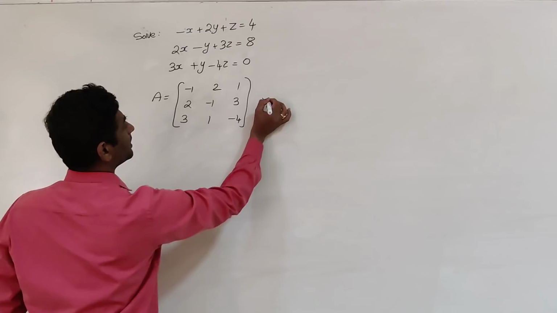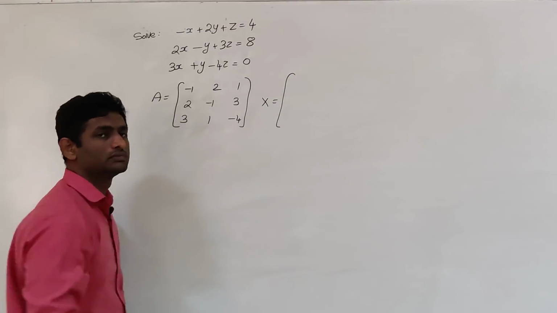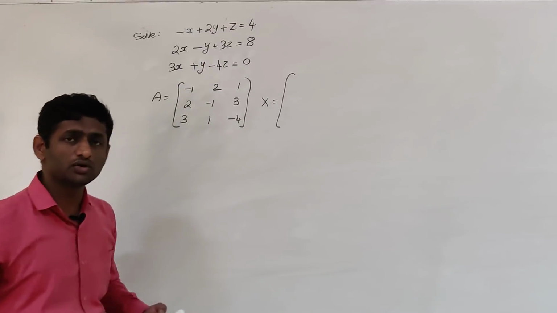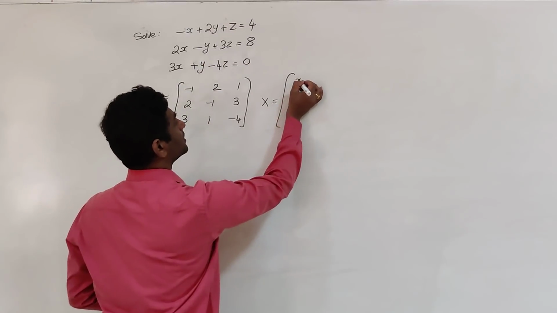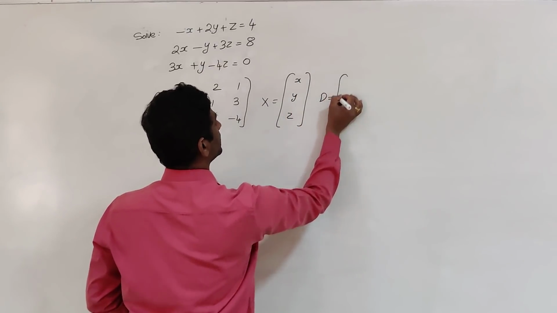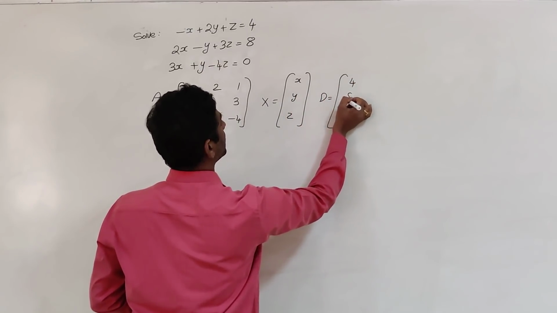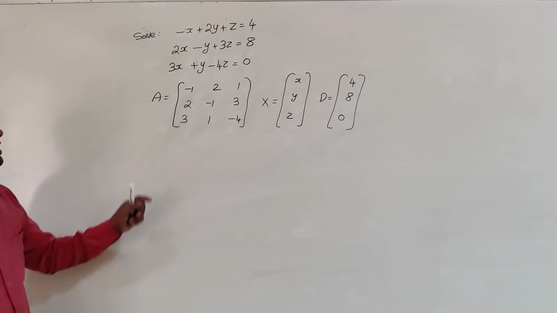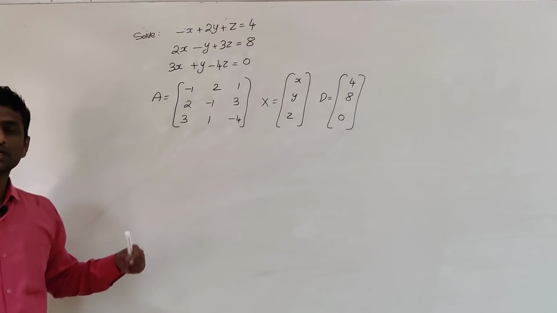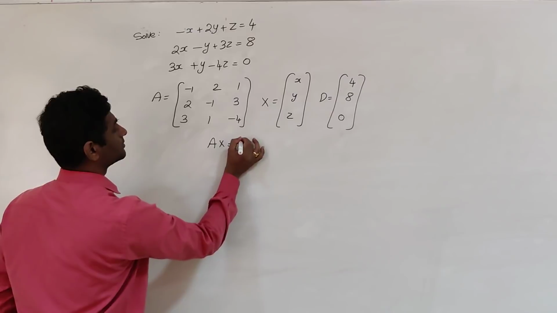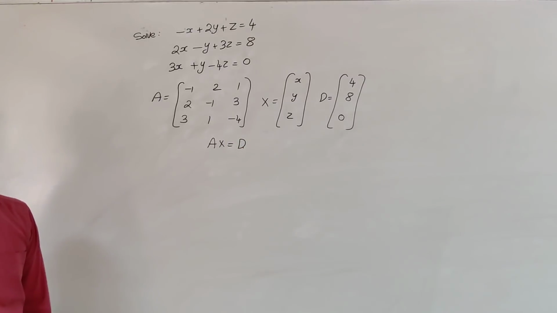And capital X is a column matrix of unknown variables X, Y, Z. And capital D is a constant matrix, that is 4, 8, 0, like D1, D2, D3. And this can be represented in the matrix equation AX = D.